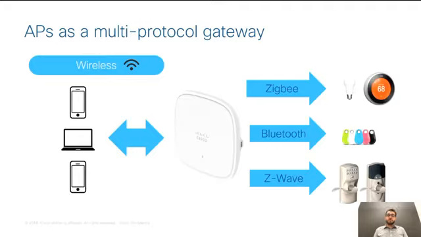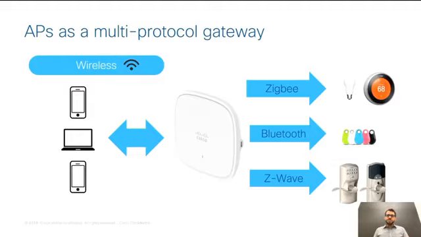We also have Bluetooth. Some examples are tags for people tracking, wayfinding, or even the headphones that you use at home on a day-to-day basis. And we also have Z-Wave, which is mostly common for home automation. I'm just naming three examples here, but there are many more out there.